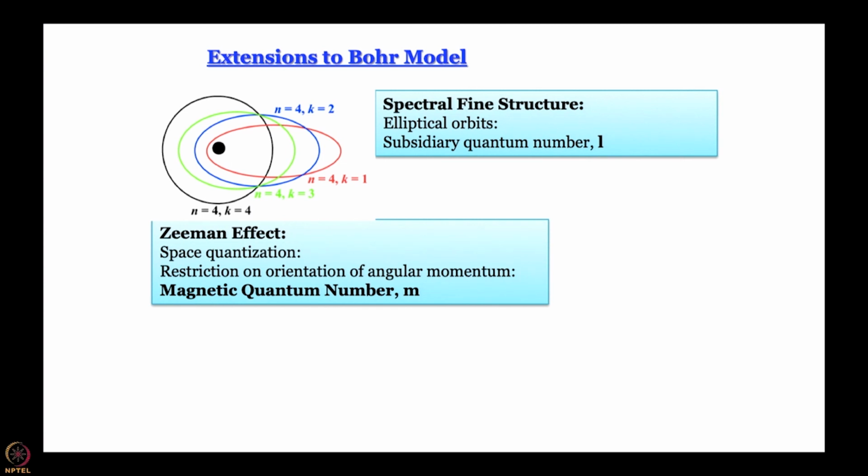It was proposed that for every value of L, there are 2L plus 1 orientations that the orbits can exist in. So, for L equal to 1, you can have this orientation or this or this. What that leads to is that if you think of electron going around in a circle roughly, then the angular momentum is going to be normal to the plane of rotation.